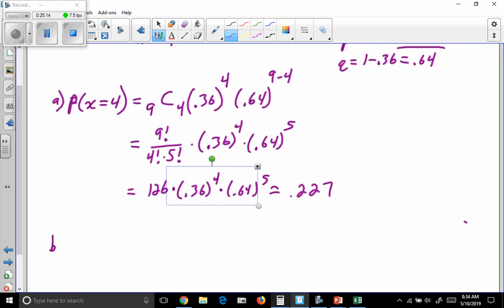Now part B, slightly more complicated. What is the probability of having at least 2 in favor?